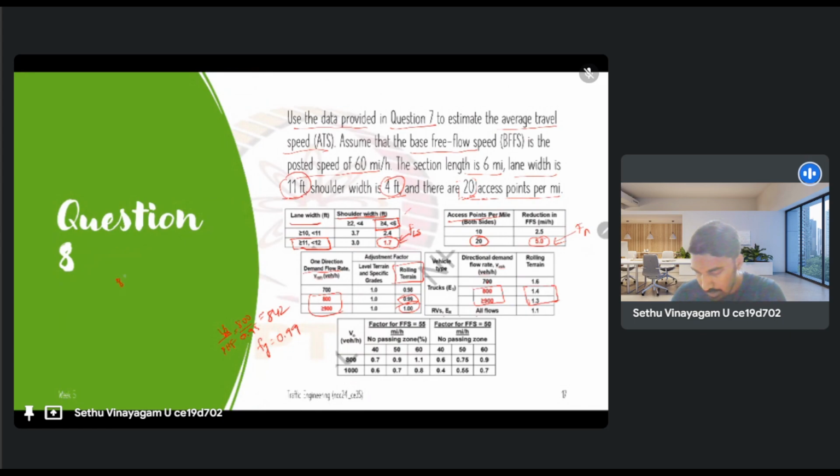For 800, ET minus 1.4 over 842 minus 800 equals 1.3 minus 1.4 over 900 minus 800.